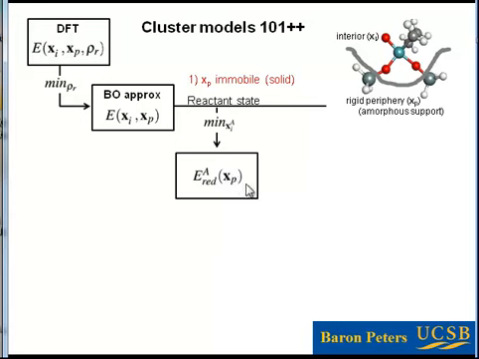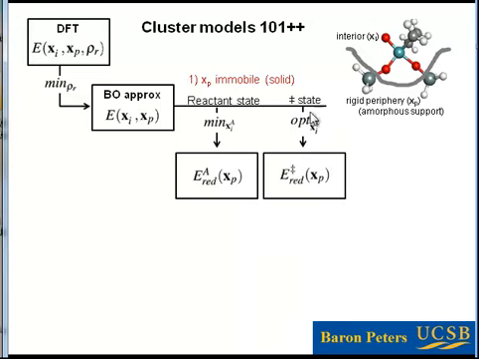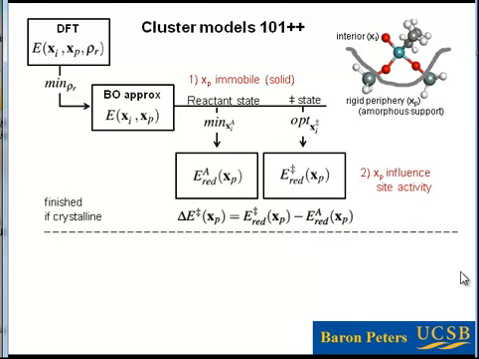Okay, so we're going to keep that argument in this variable. We also do a transition state optimization, and so again the dependence on the interior atoms vanishes because they have to be at a transition state in that interior space, and of course that transition state energy we also expect will depend on these periphery atom positions. Okay, next.